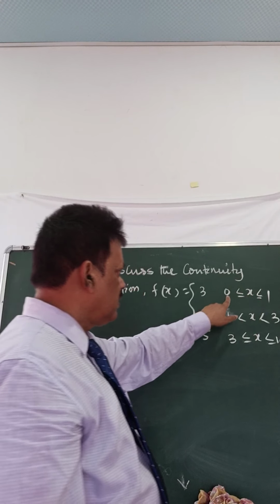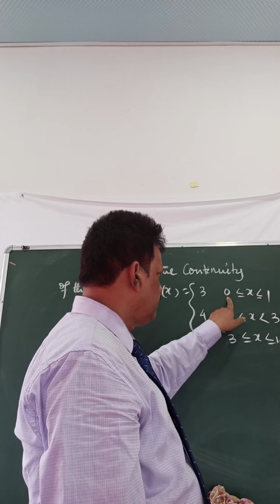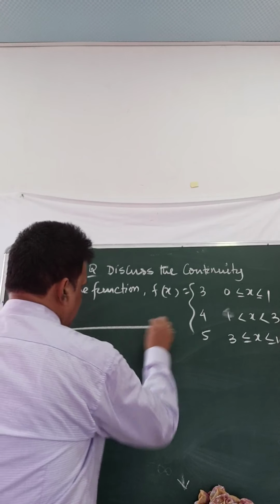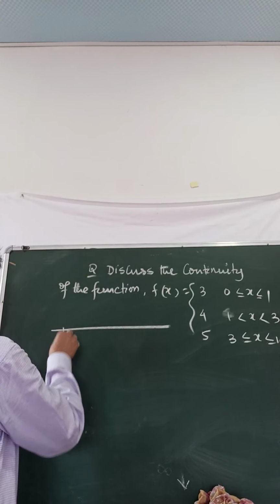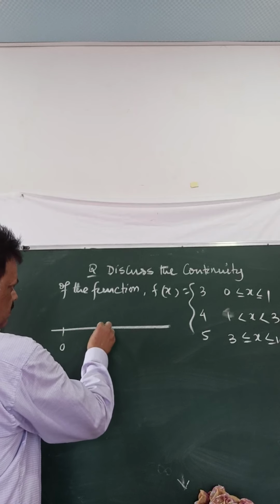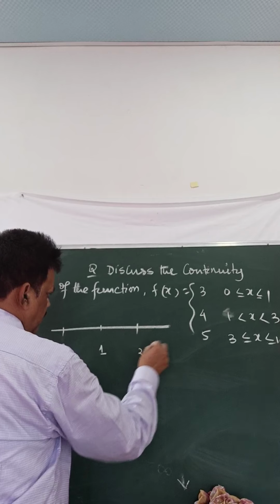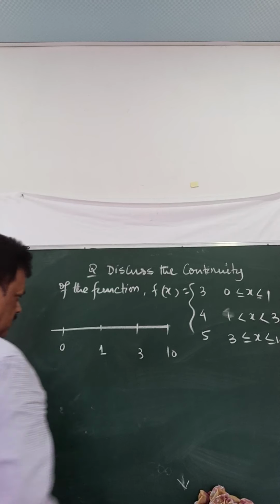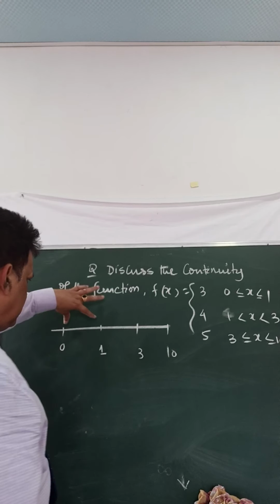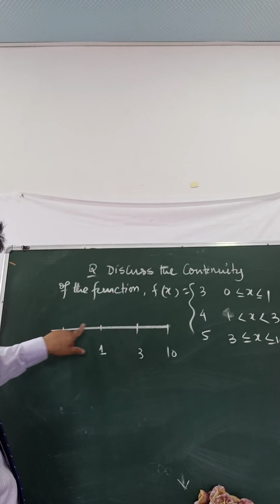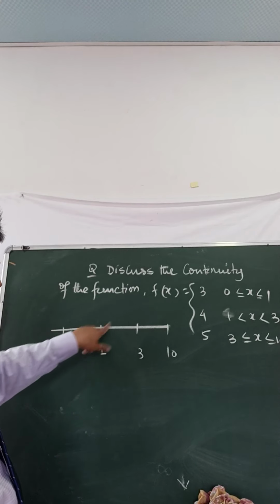Look at here, you are given the intervals now. Okay, see a number line first. Which are the points? You are getting the points 0, 1, 3, 10. Let's discuss the first interval between 0 to 1. In 0 to 1, what is f(x)?